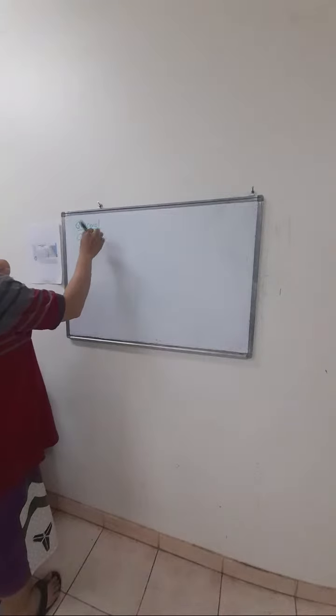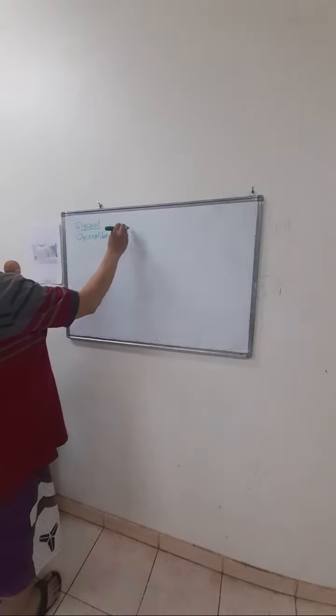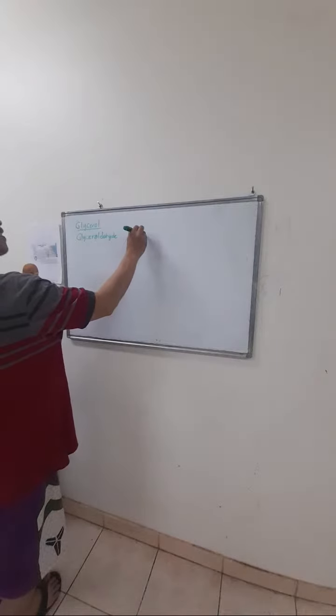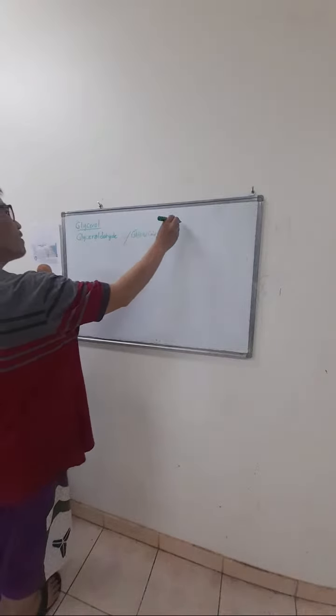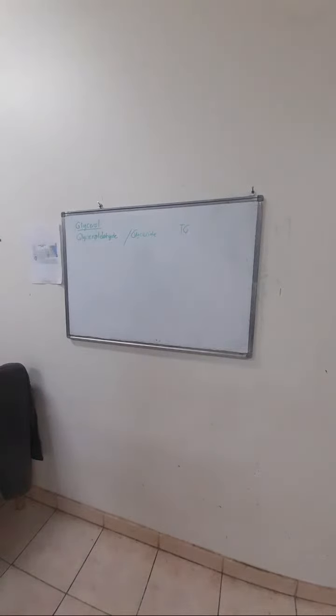Glyceraldehyde is also known as glyceride directly. That's why we have triglyceride. We will never say triglyceraldehyde. It's the same thing as saying triglycerides directly. That's why glyceraldehyde and glyceride are just the same.